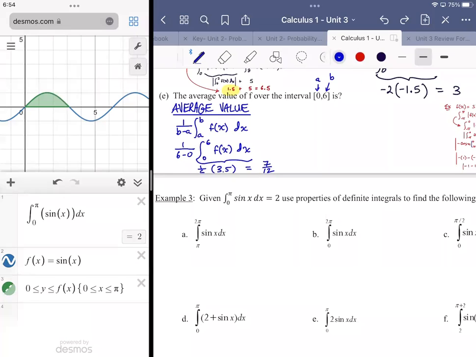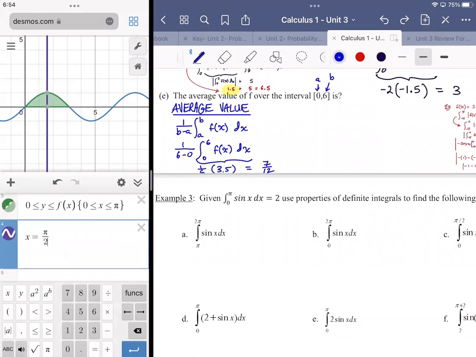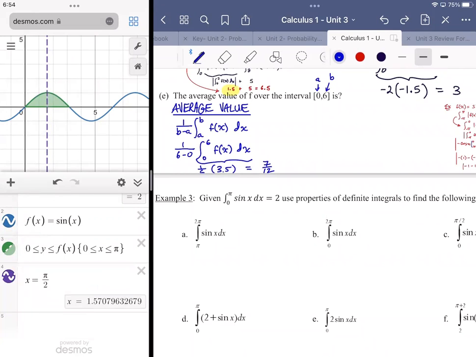All right. And because there's symmetry there, even within the arch, let's say we have x equals pi over 2, which is half the distance between 0 and pi. Good enough. The integral over the interval of even 0 to pi over 2, well, if the whole thing is 2, that's literally half of that area.